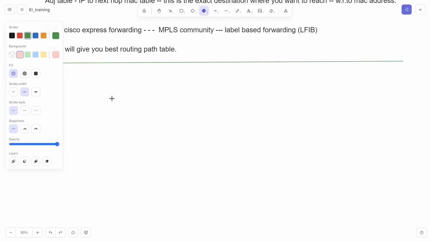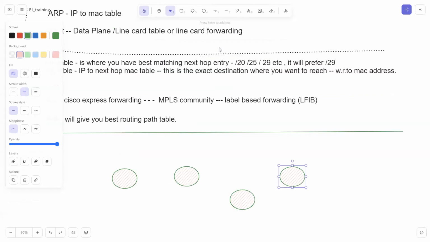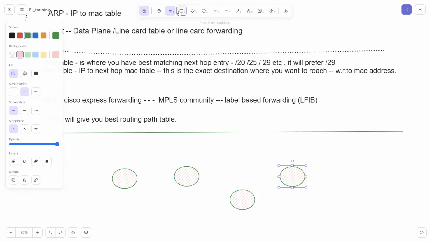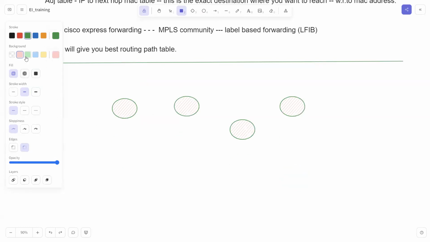Okay, let's understand. Suppose you have router 1, router 2, router 3, router 4. And let's take an example that you have some PC.